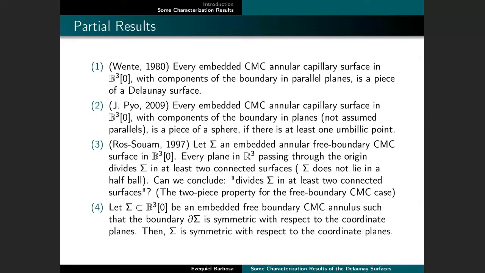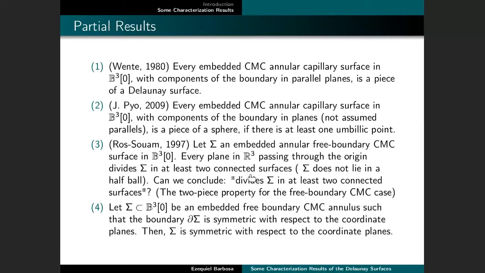What is interesting, I'm mentioning these results here because, of course, we have many other results we can put here, but I chose this one because they explore a technique of moving planes. Moving planes techniques can be explored in order to get these results here.